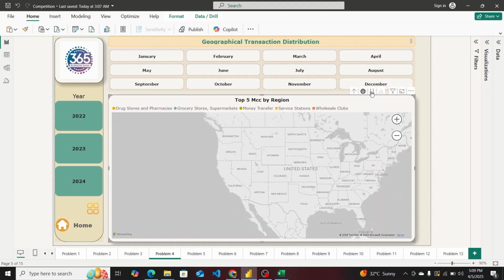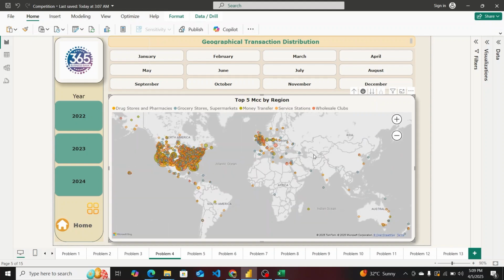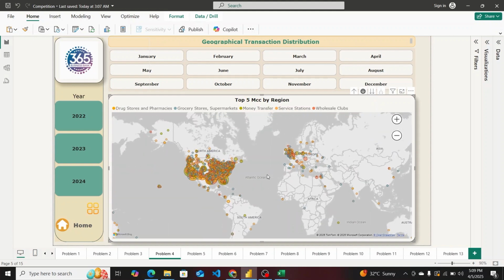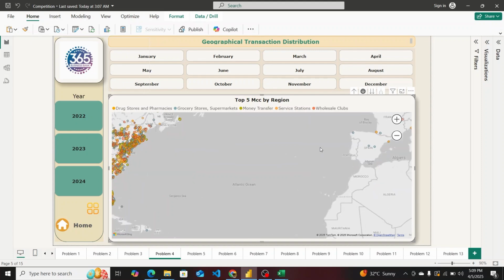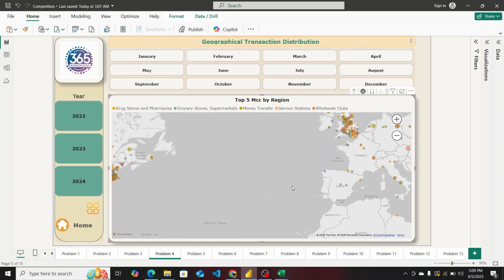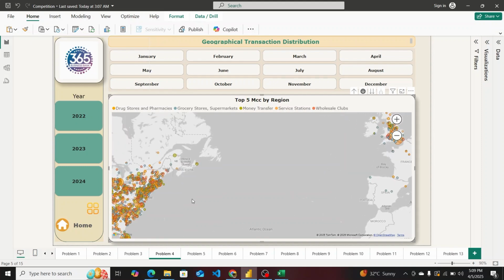Let's view the city level score. Oh, so many bubbles. We can see there are a lot of bubbles from European countries, so the data set has cities of Europe as well.